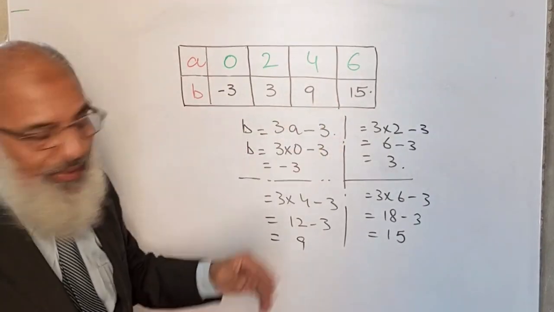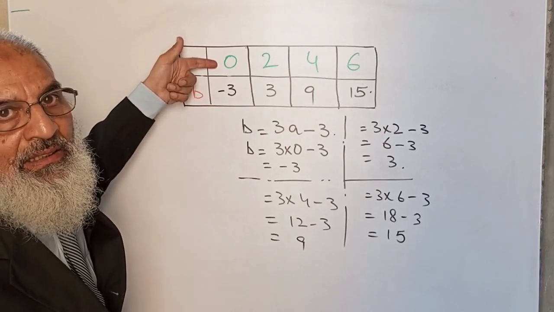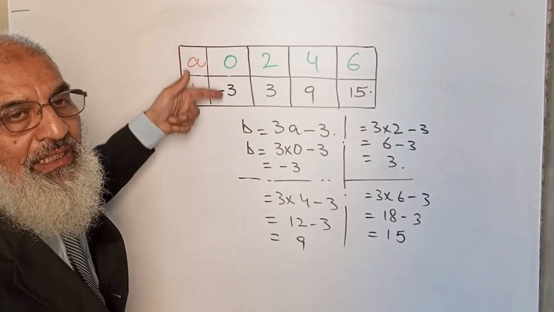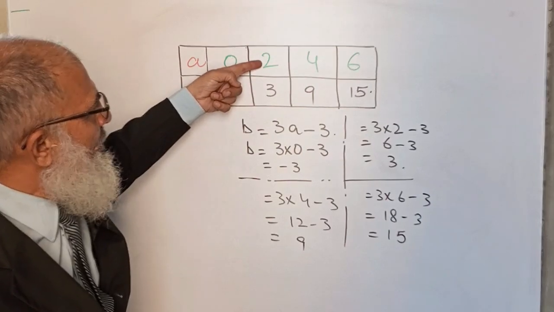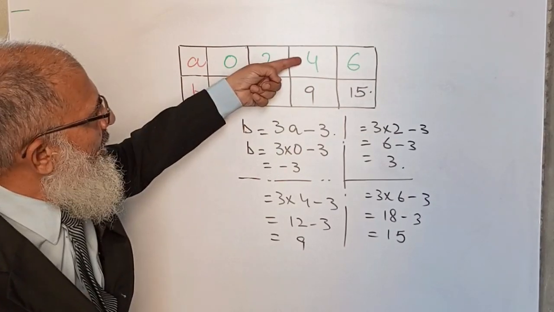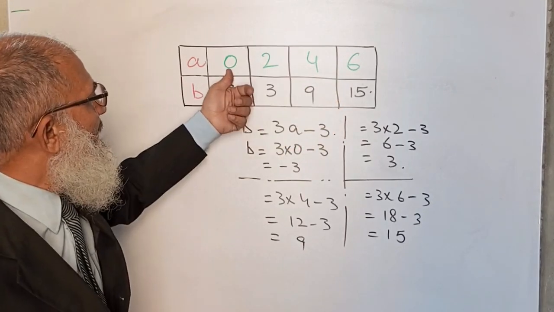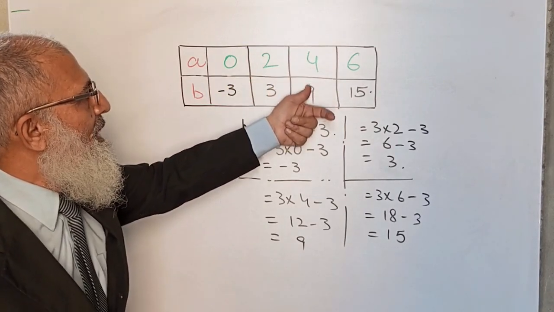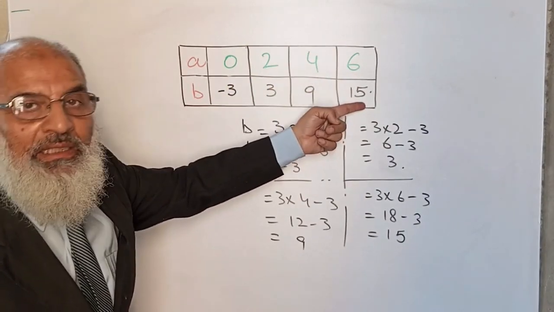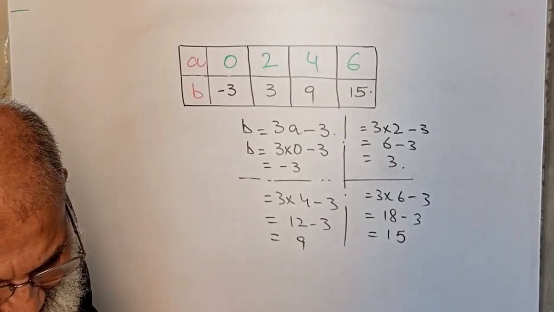But this is linear, because for each increase in one variable, there is an increase in the second variable. Here it is 2, it is 3, here it is 4, it is 9, here it is 6, it is 15. Therefore, there is a linear relation between them.